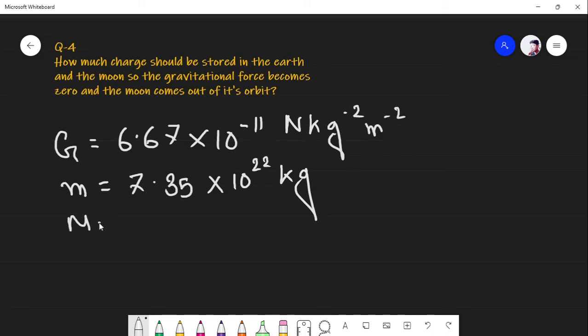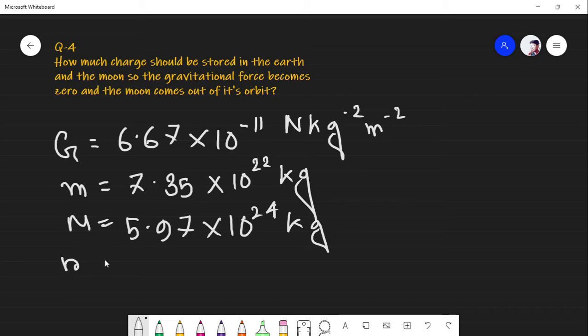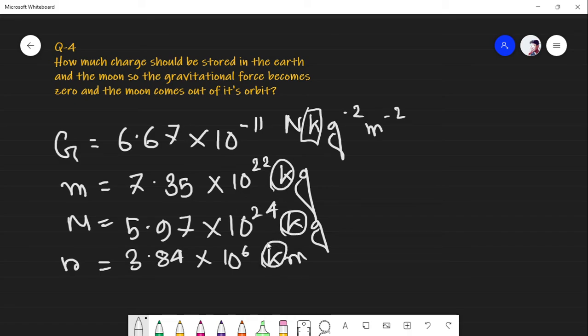And the mass of the earth, well, these things should be given in the question, I didn't give it, but it is 5.97 into 10 to the power 24 kilograms. And the distance between the moon and the earth is 3.84 into 10 to the power 6 kilometers. Since everything is in kilos, we don't need to convert anything to meters, right?